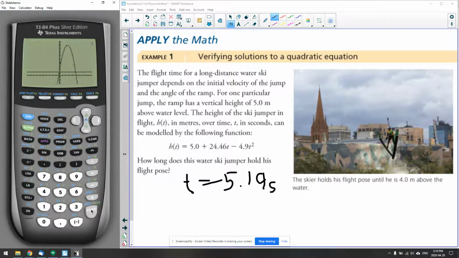Tell it to guess. And for a height of 4 meters, our time will be 5.03. So after 5.03 seconds, he will come out of his flying pose, and at 5.19 seconds, he will make contact with the water, hopefully skis first.